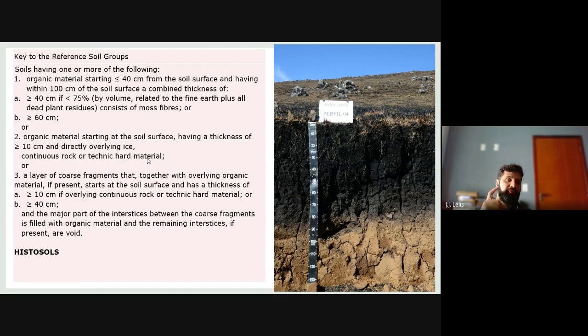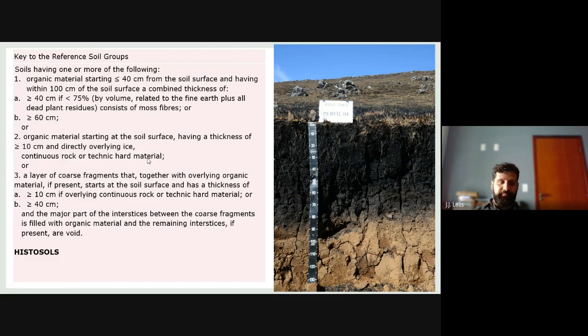So if I find a soil profile that has organic material at the surface, this organic material should have at least 10 centimeters of thickness if this horizon is overlying ice, rock, or technic hard material. Okay, so it's a specific case.